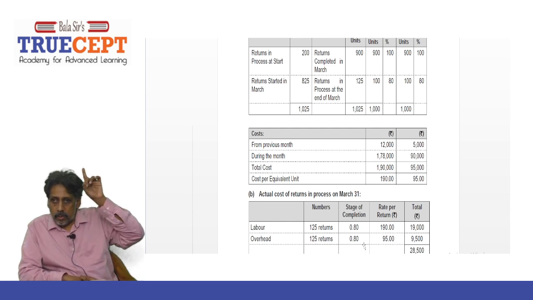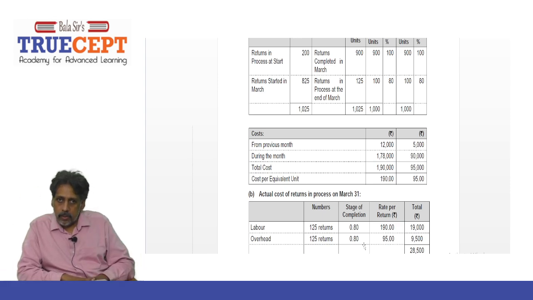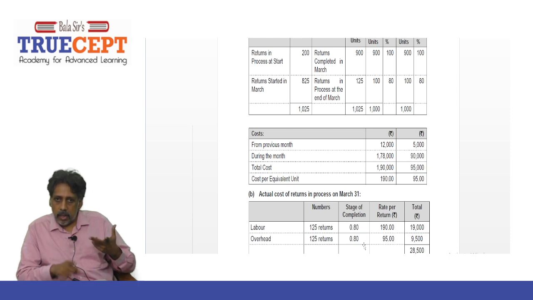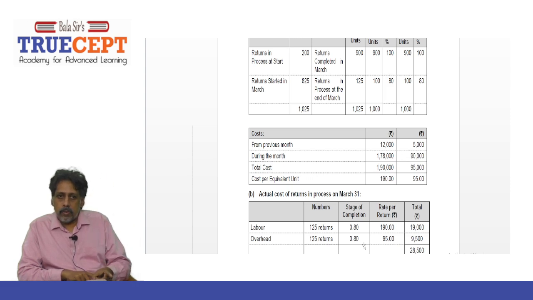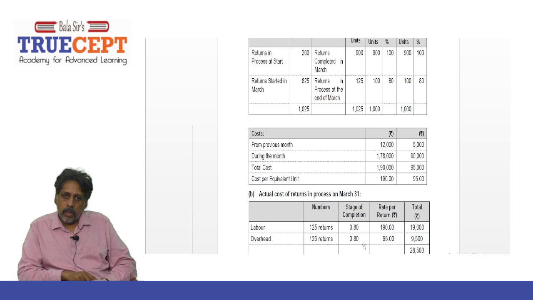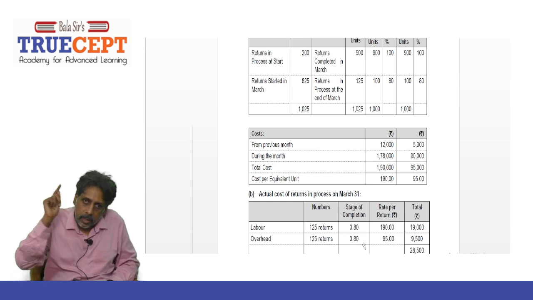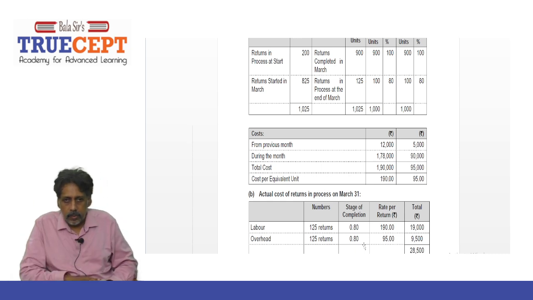The 1,000 units you got, for labor and overheads, includes 900 units, that is output that's completed. That 900 units includes 200 from opening work in progress, which is 25% complete already. For that, you incurred how much? 12,000 rupees and 5,000. Please include even that cost. As simple as that.